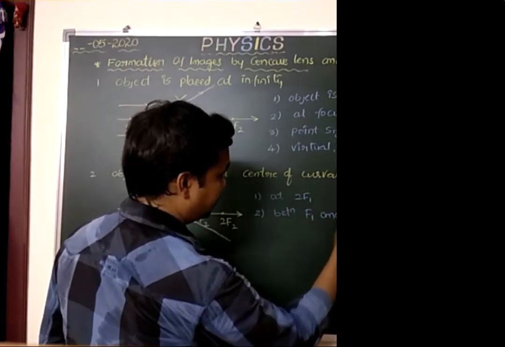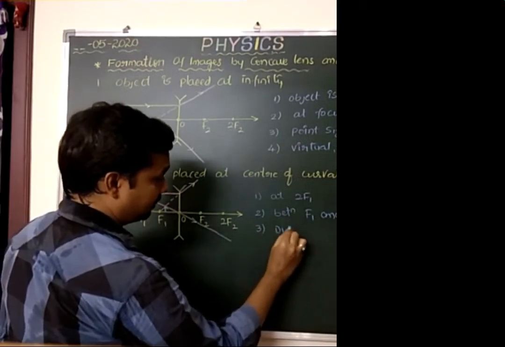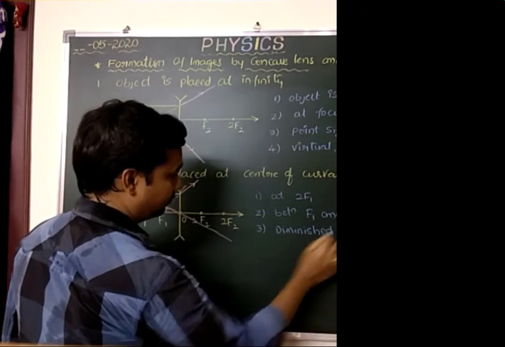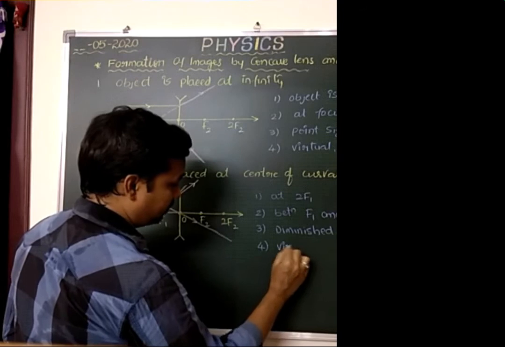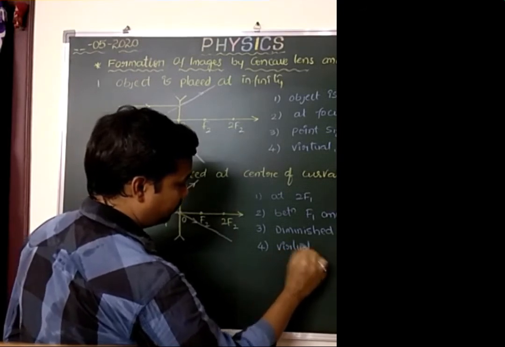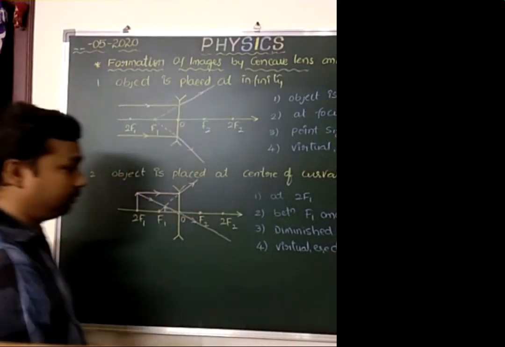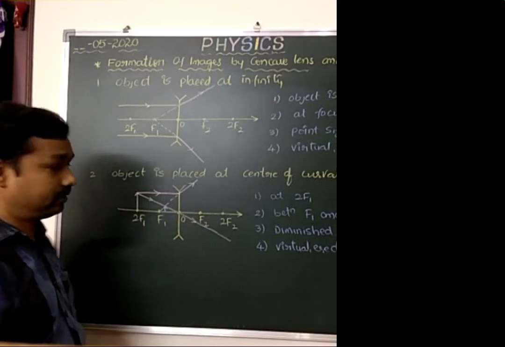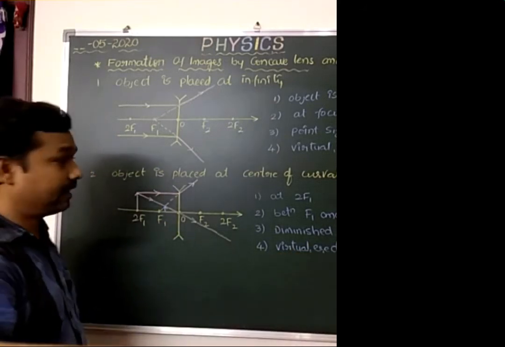What is the size? Diminished. What is the nature? Virtual and erect. Why? Because it is forming inside of the lens, which gives a virtual and erect image.